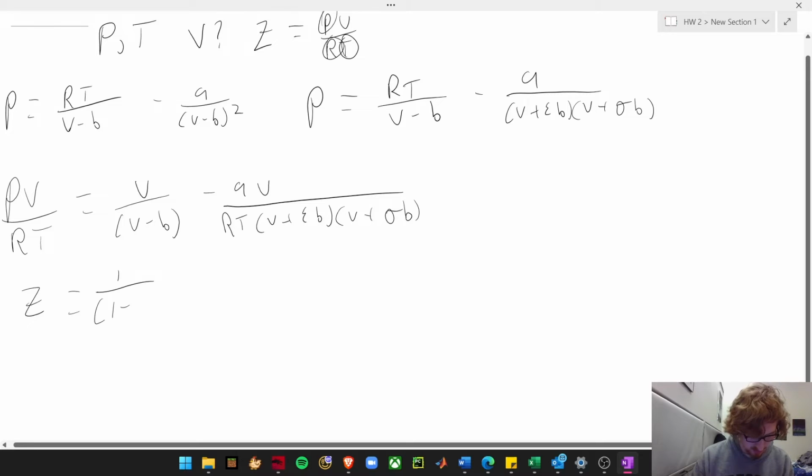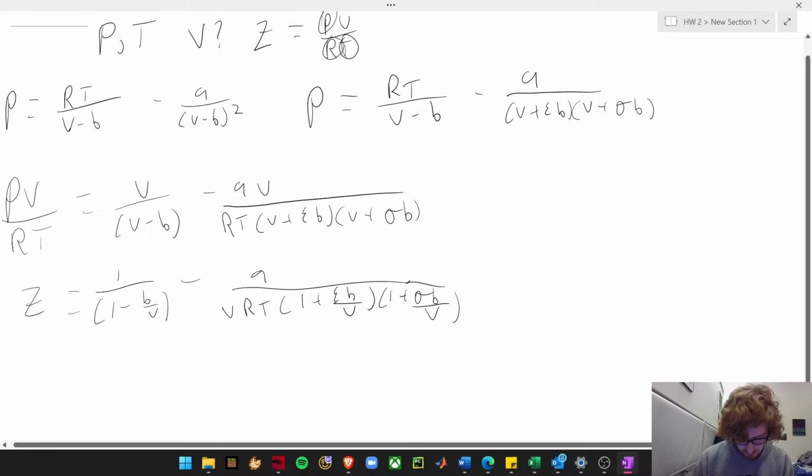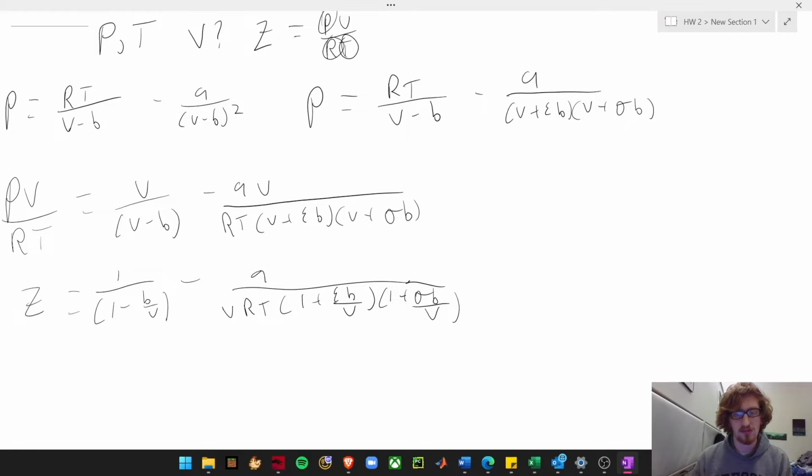And then we'll have 1 minus B over V, and then minus A over V RT times 1 plus epsilon B over V times 1 plus sigma B over V. So from here we can do a little more finicking. We'll substitute some things, and we're going to come up with a cubic polynomial in just a few steps.